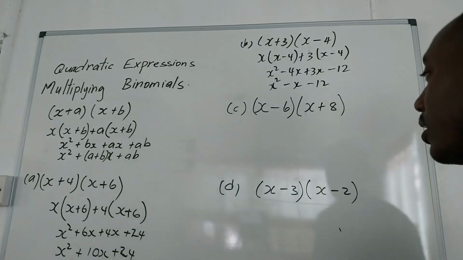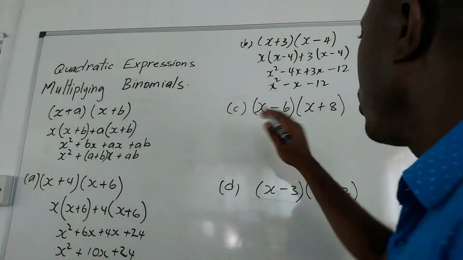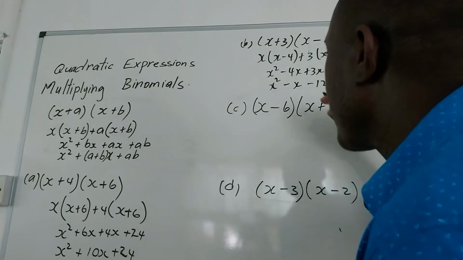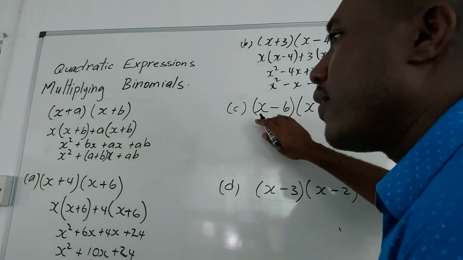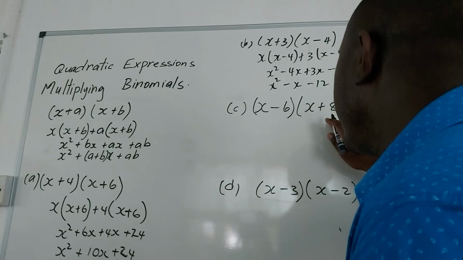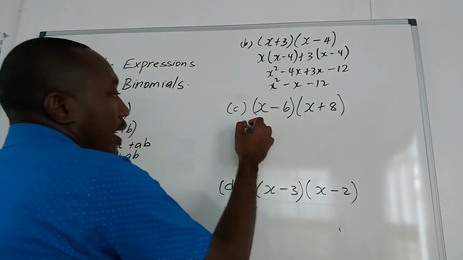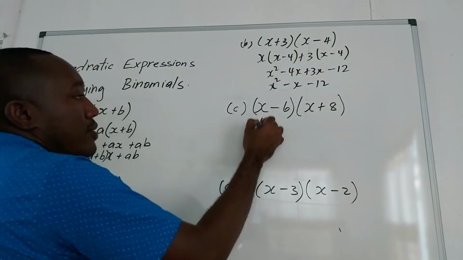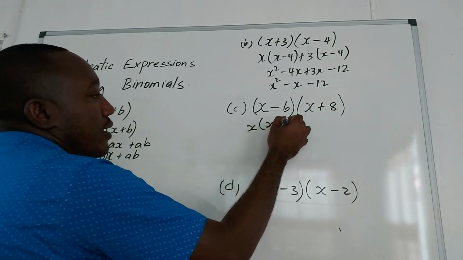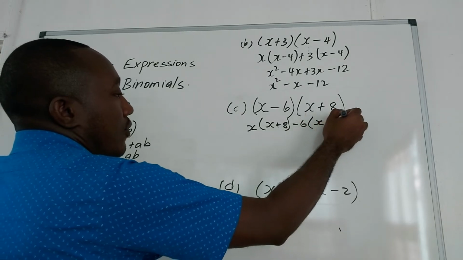Alright? Now let's come to another example. So we do our first step where we multiply the values in the first bracket by those in the second bracket. So we will have x times x plus 8, minus 6 times x plus 8.